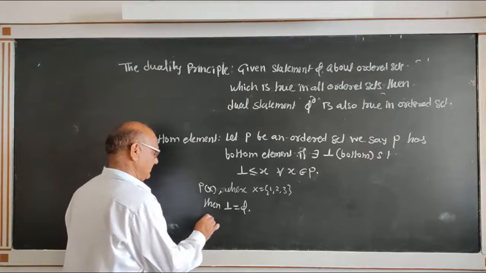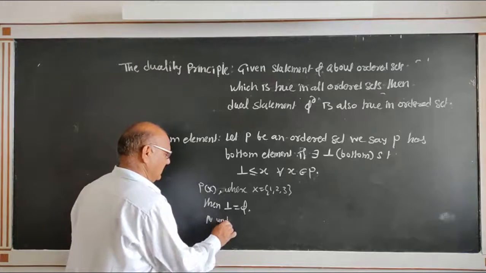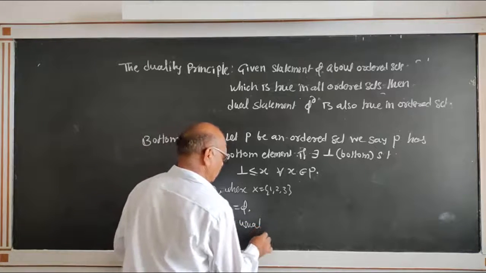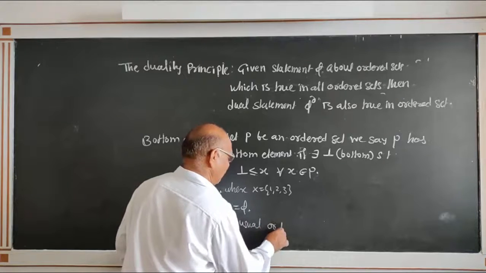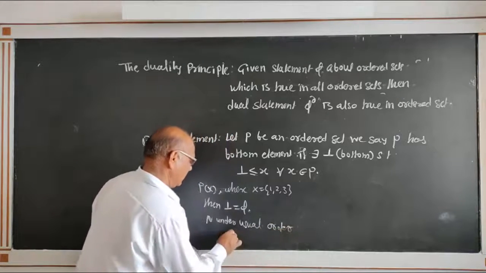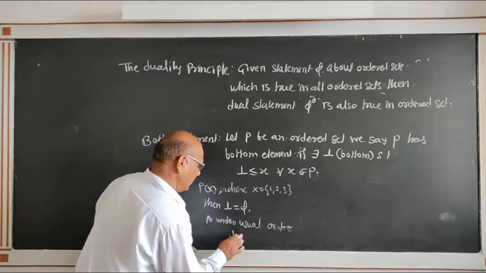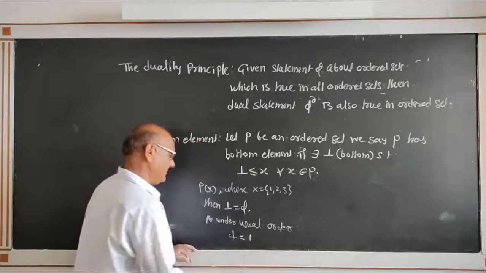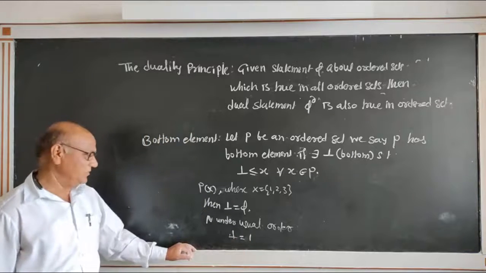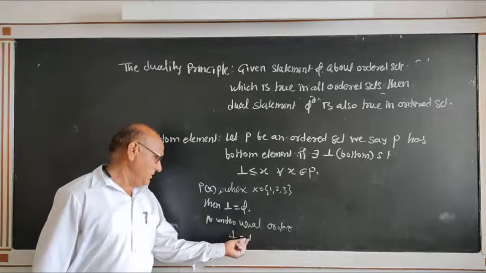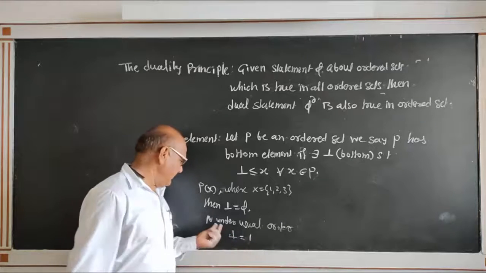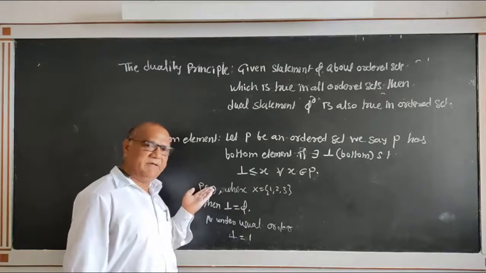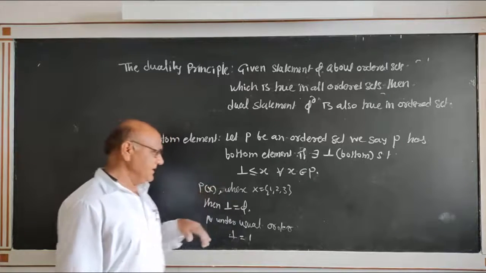In N under the usual order, bottom is equal to 1. That means 1 is related to every element of N. Here phi is related to every element of P of X.